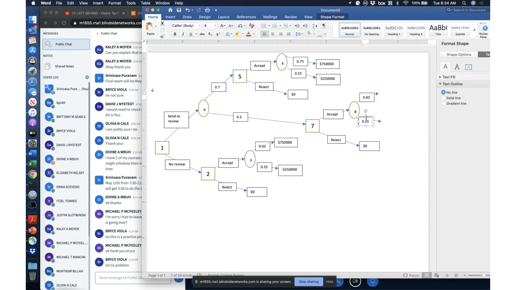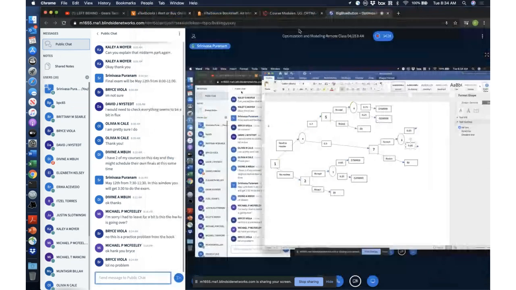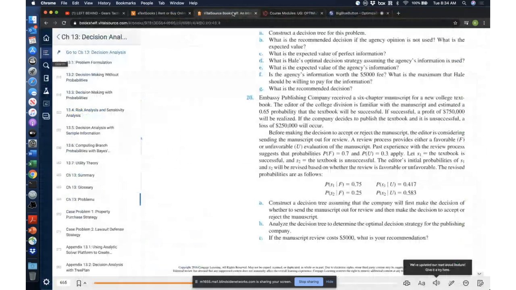Instead of being 65-35 without a review, or 75-25 with a favorable result, now the result for the review is unfavorable. So there's a 30% chance the result is unfavorable. So now the probabilities of the textbook being successful are 41.7% and 58.3%.